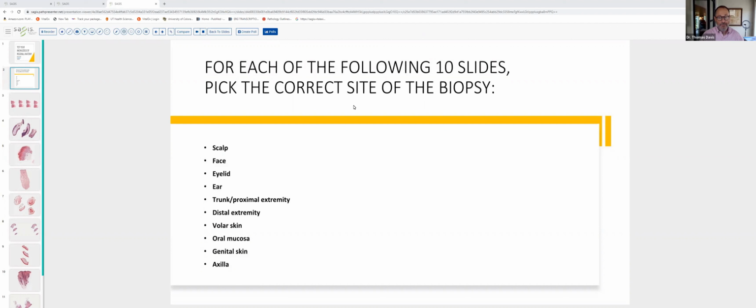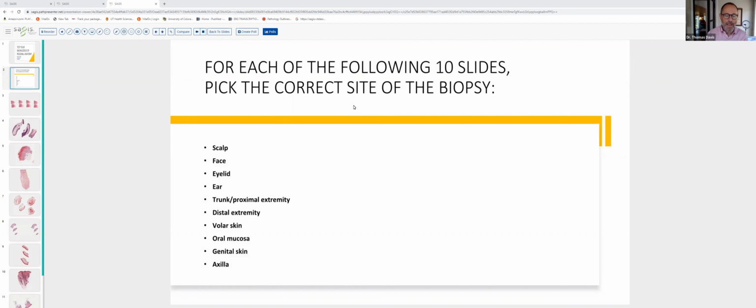This is kind of the third unit in our Dermpath Basics, and the emphasis on this particular session, as I'm sure you know from looking at the slide deck, is knowledge of regional anatomy. And you might ask, well, why would it be important to be able to correctly identify anatomic sites? Well, actually, there are a number of good reasons.